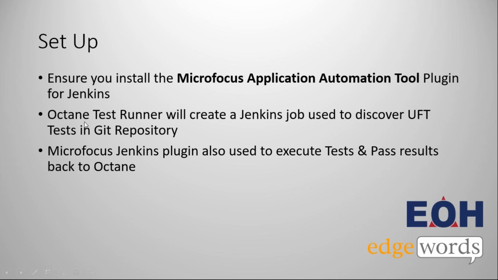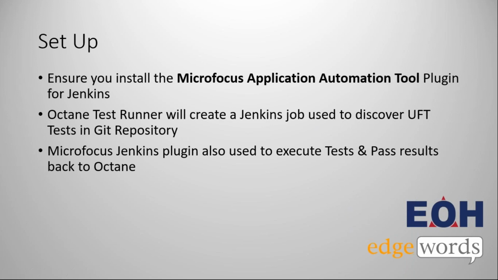So what we're going to do now is set up in Octane something called a test runner. A test runner is used to tell Octane about our Git repository and also our Jenkins server. Octane will then set up a Jenkins job that every couple of minutes will poll the Git repository and look for UFT tests.